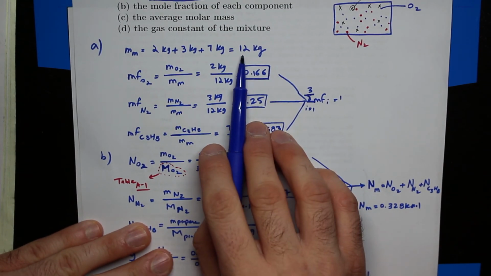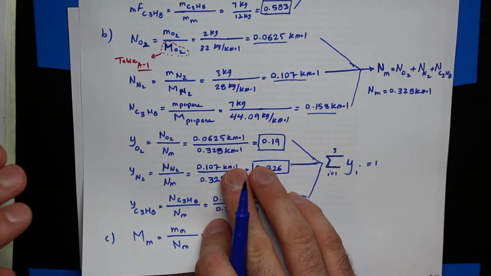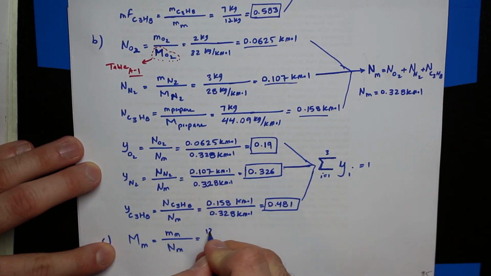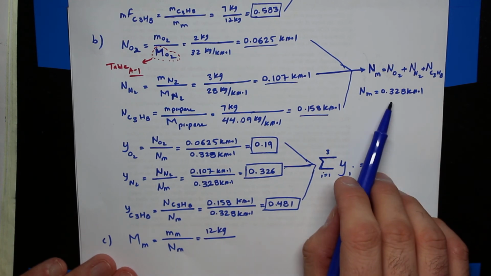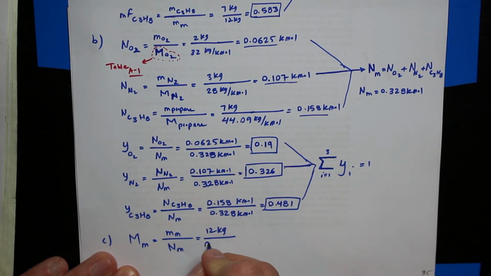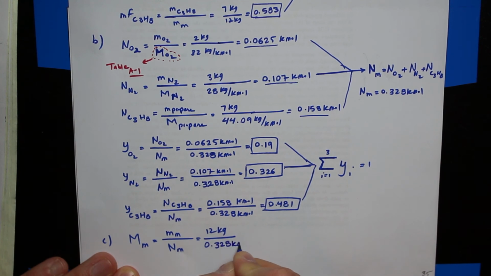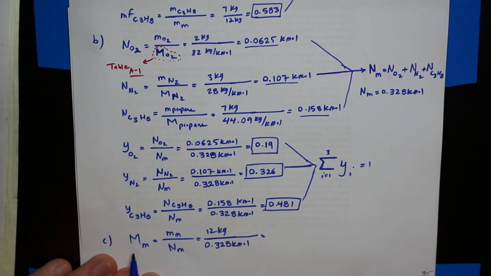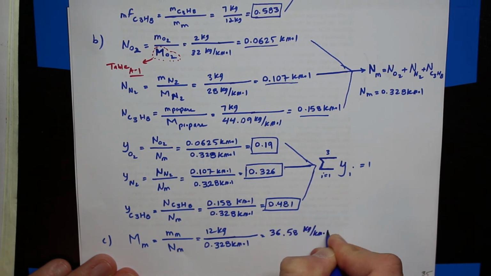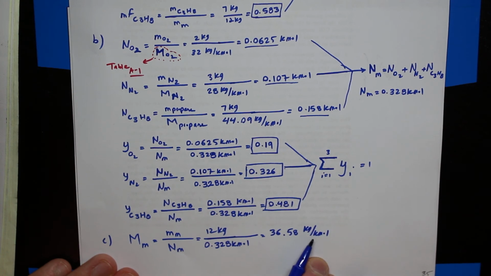And the number of moles in the mixture, I found it here, that is 0.328 kilomole. So capital MM, or the average molar mass, is 36.58 kilogram per kilomole. That means each 1 kilomole of this mixture has 36.58 kilogram of weight, let's say.